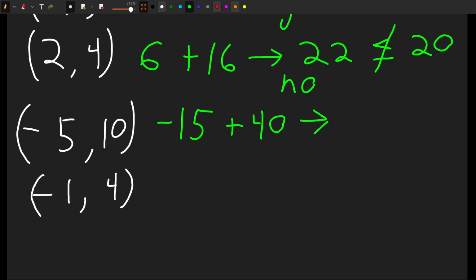That gets us to 25. And in this case, 25 is not less than or equal to 20, so this is also a no.